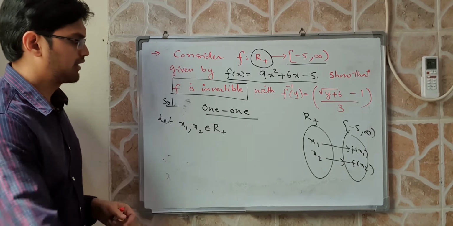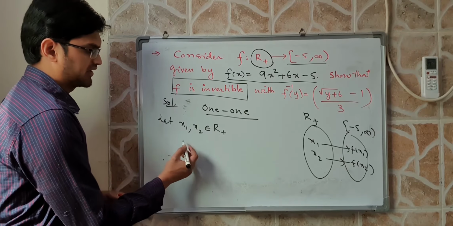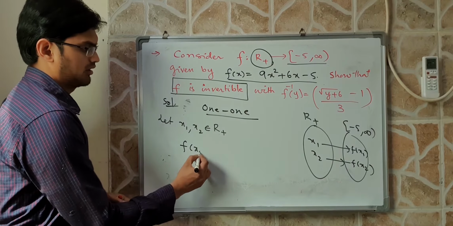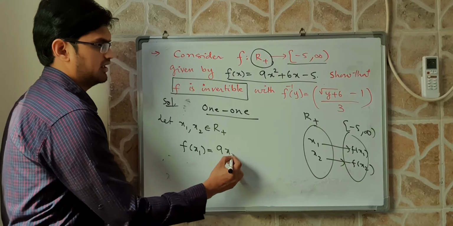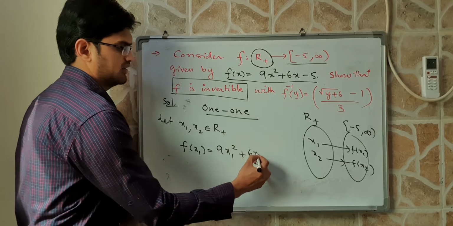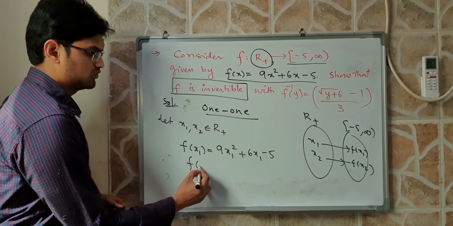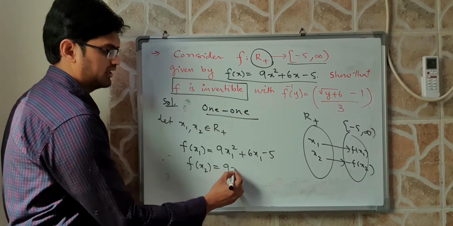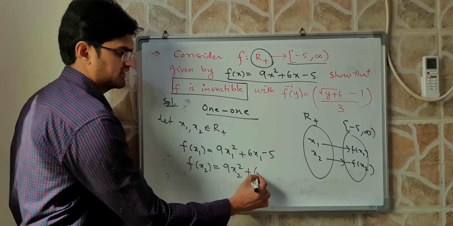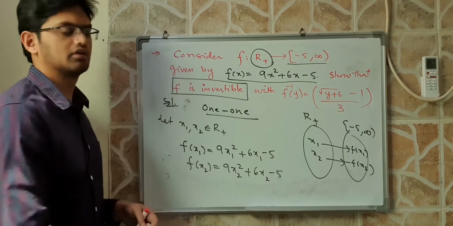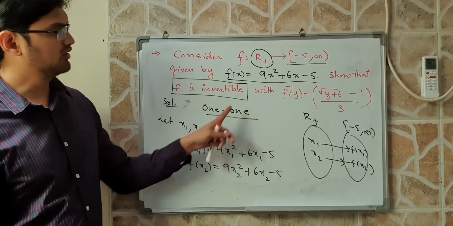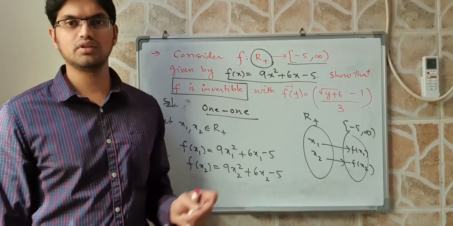Then what is f of x1? f of x1 will be 9x1 square plus 6x1 minus 5. What will be f of x2? It will be 9x2 square plus 6x2 minus 5. Correct? Because f of x is 9x square plus 6x minus 5.